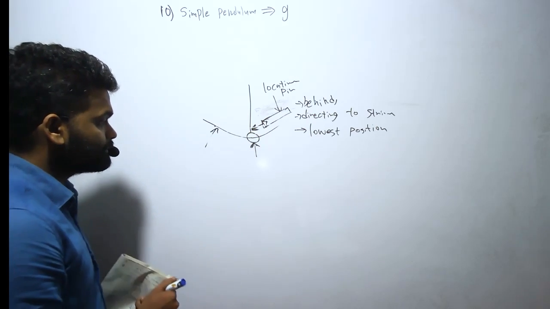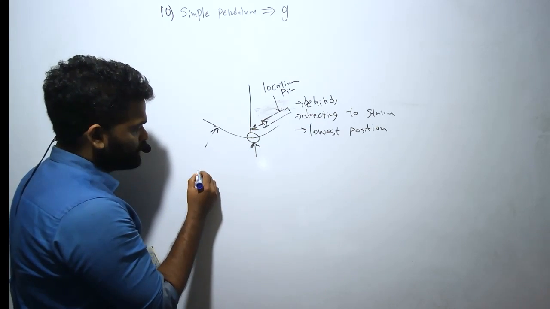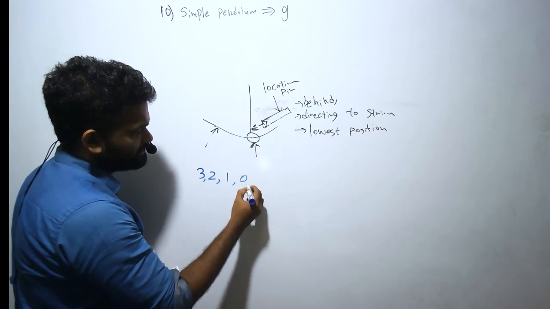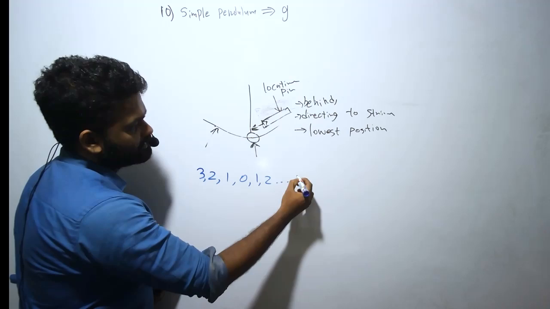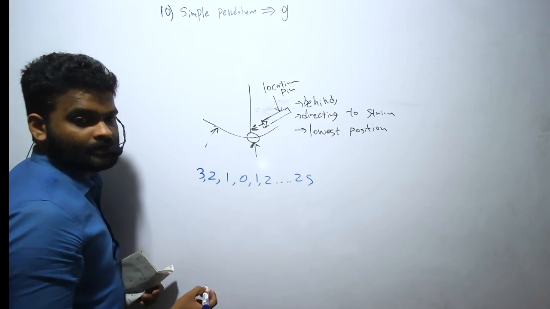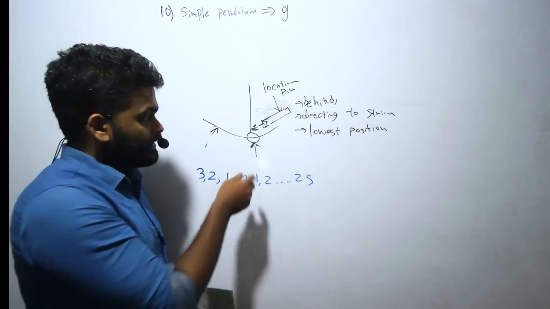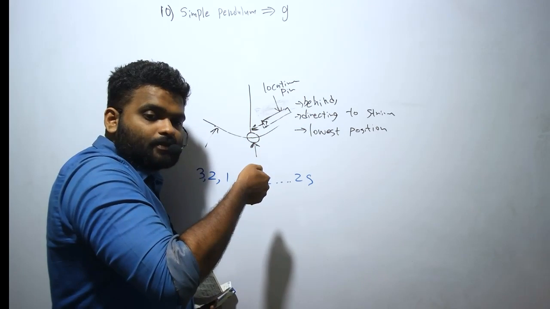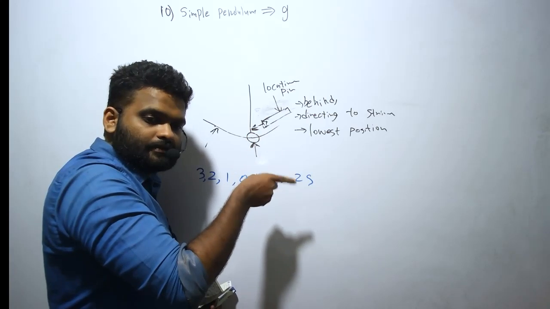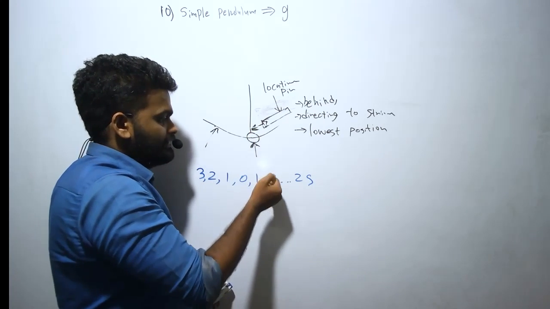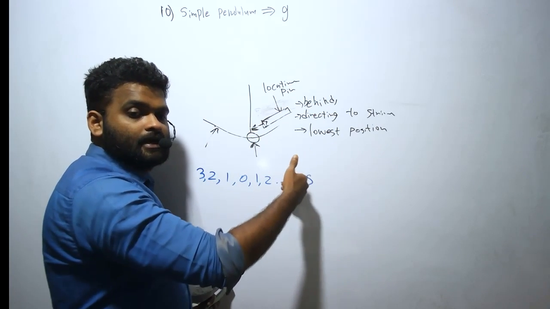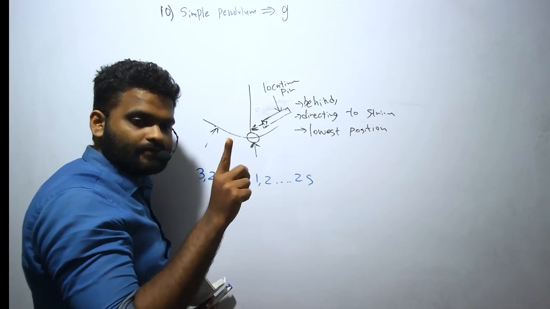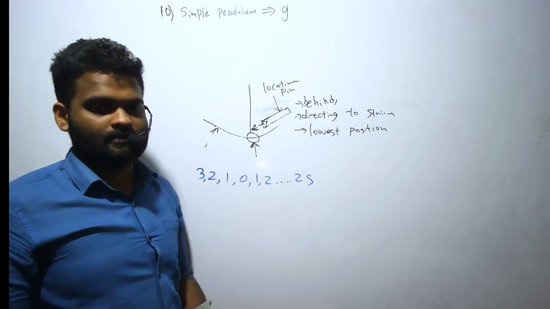Let's say you count 3, 2, 1, 0, 1, 2, likewise up to 25. Once this passes, once you say 0, you start the stop clock. Then you say 1, 2, 3, 4, 5, 6, up to 25. At 25, you stop the stop clock. So that's how you take simple T measurement, right?